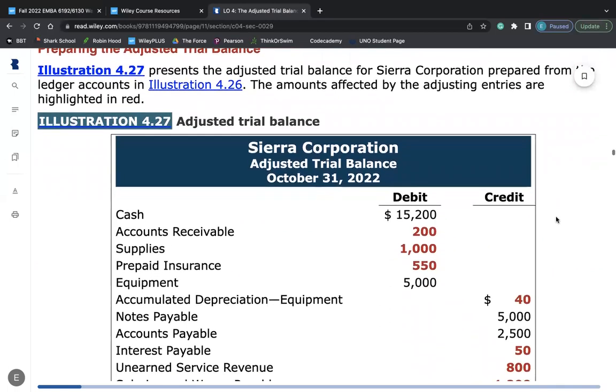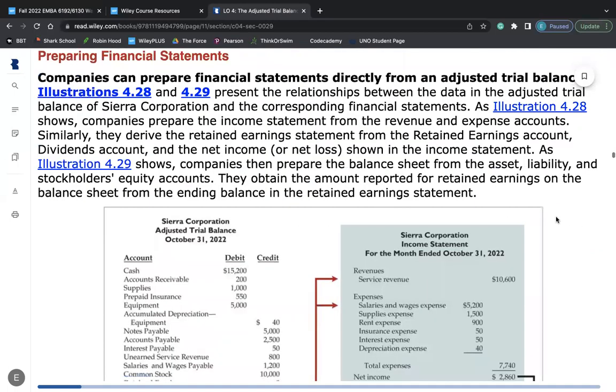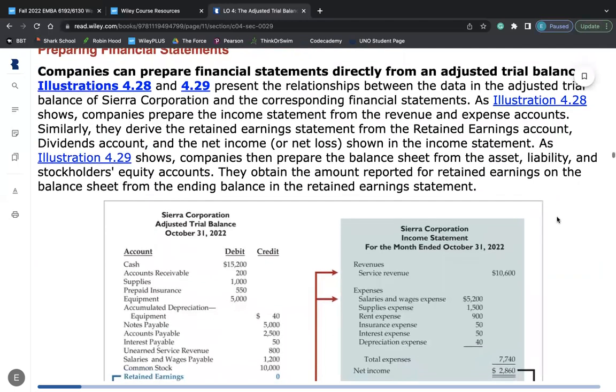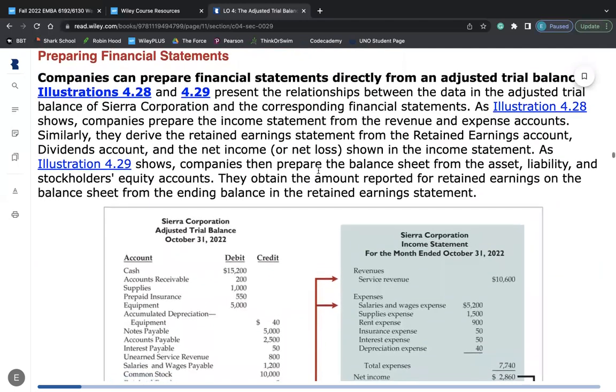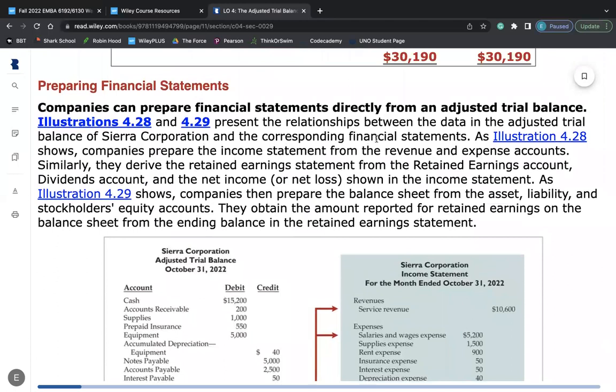There we go. Preparing financial statements. Companies can prepare financial statements directly from an adjusted trial balance.